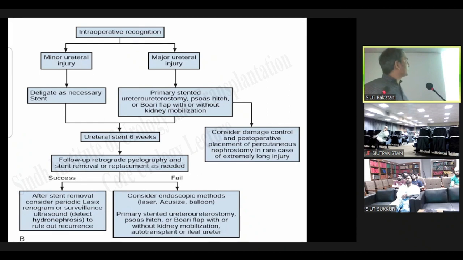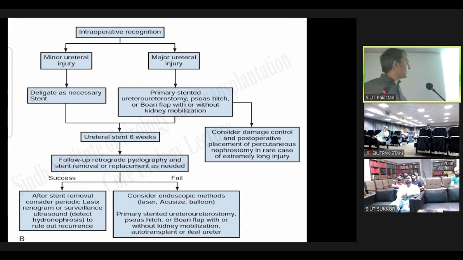techniques for intraoperative recognition. If there is a minor ureteral injury, then a stent is necessary, which means place a stent for 6 weeks and then follow up the patient with retrograde pyelography, and stent removal or replacement is needed. If it is successful, then we will just follow the patient with a renal scan.